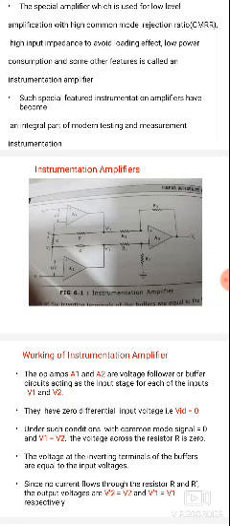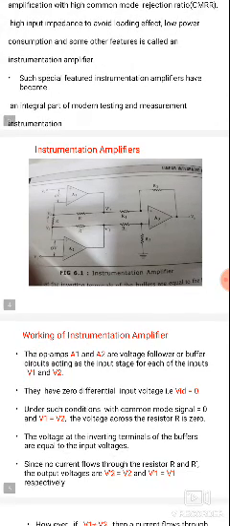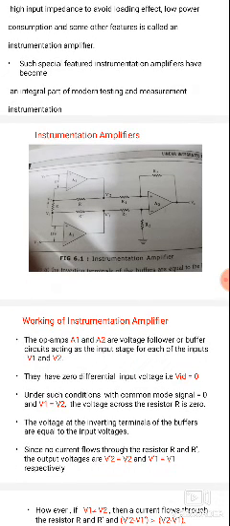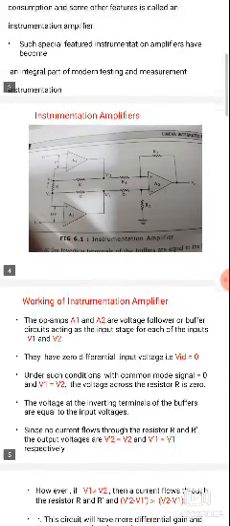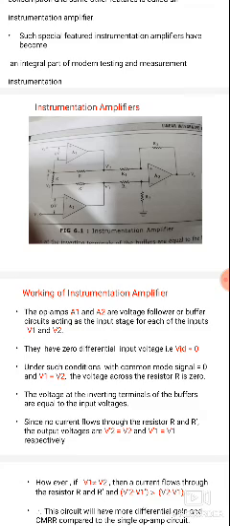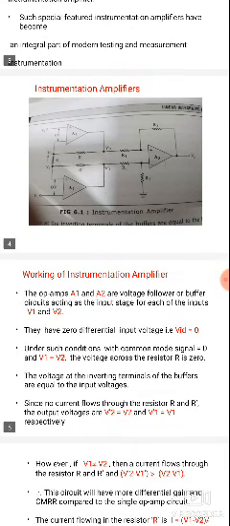This is all about the instrumentation amplifier. With such special features, instrumentation amplifiers have become an integral part of modern testing and measurement instrumentation. So this is the block diagram of the instrumentation amplifier.